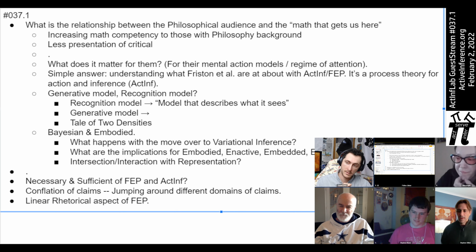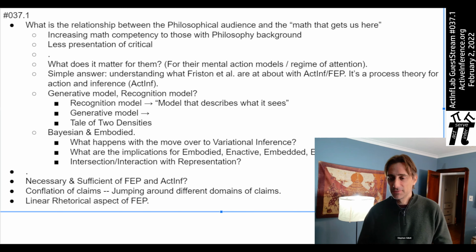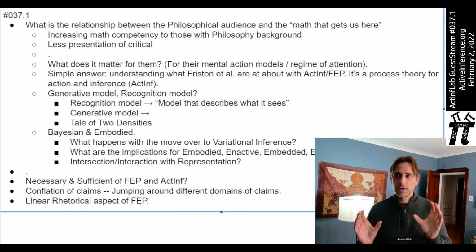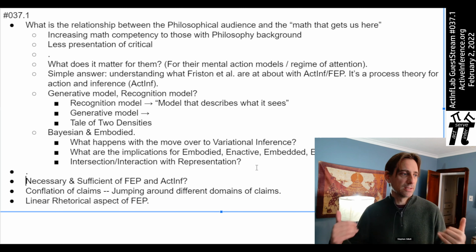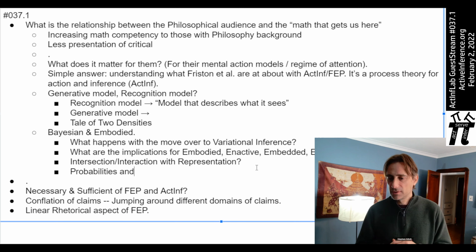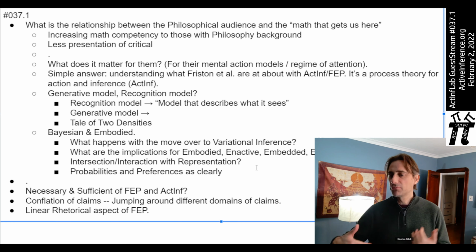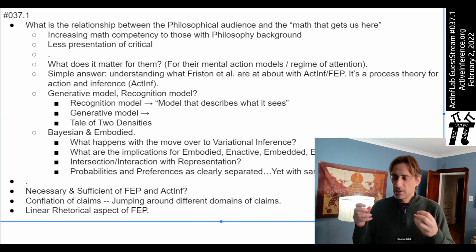Stephen? Yeah, I'm agreeing with Daniel. And also, we found this really helpful from an embodied perspective, because the way that you gave the probabilities and preferences sort of working together was like a deflated or a more nascent form of representation. And that jives quite nicely with potential ways that enactive approaches are also potentially there because of the nature of preferences. So you start to have a way where they can both live together. Because we were talking about this the other day, weren't we, Daniel, that it wasn't so clear how these two can live together.